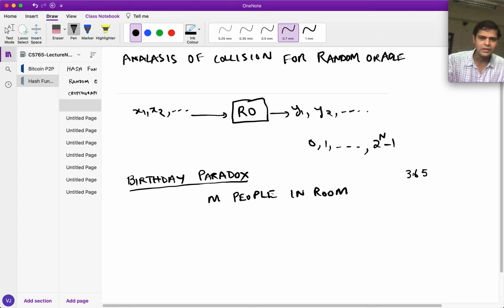Okay, we are excluding leap years and so on, but how large does m have to be so that there's a reasonable chance that you'll find 2 people in the room with the same birthday? Okay. And effectively the probability becomes roughly half.